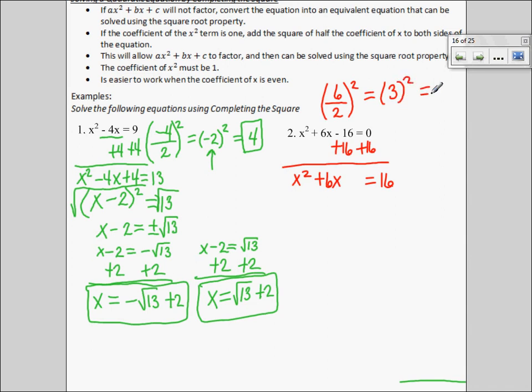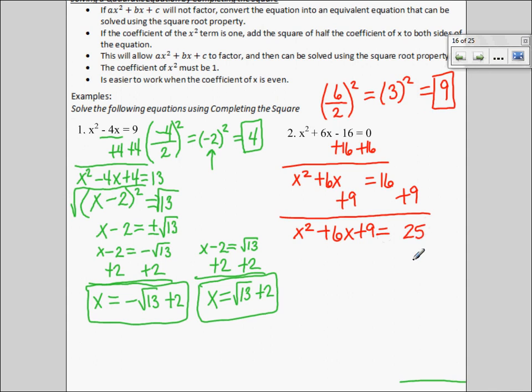Then we square, so 3 squared is 9. 9 is the number that we need to add to both sides of the equation. When we do that, we have x squared plus 6x plus 9 equals 16 plus 9, which is just 25.